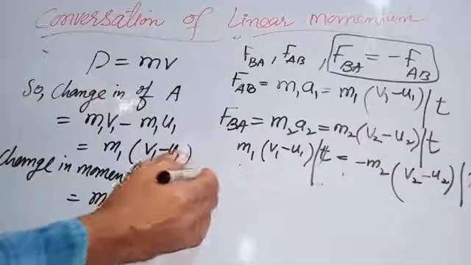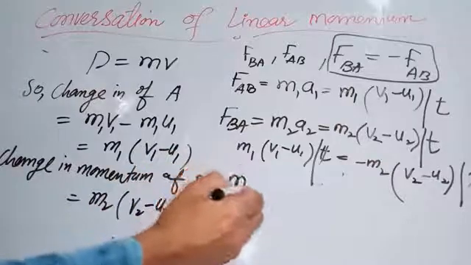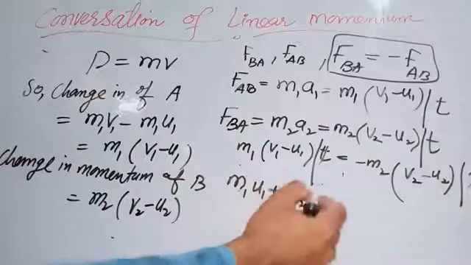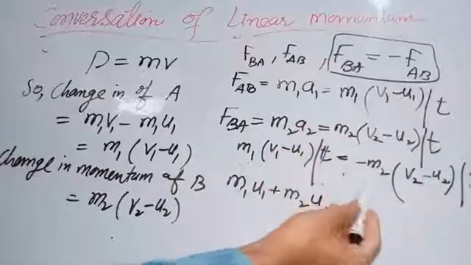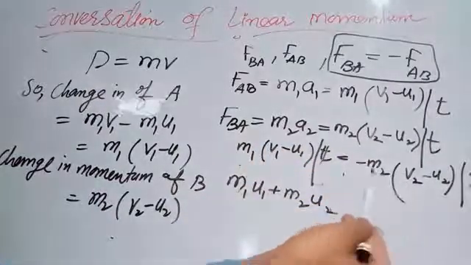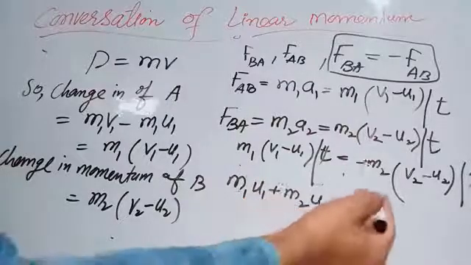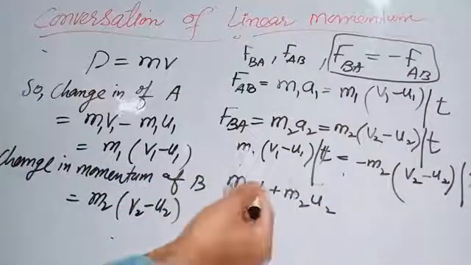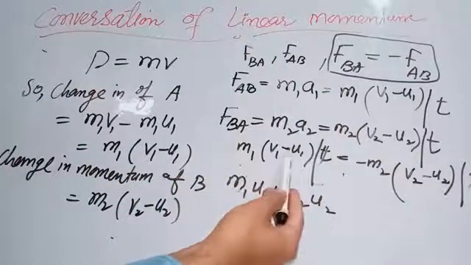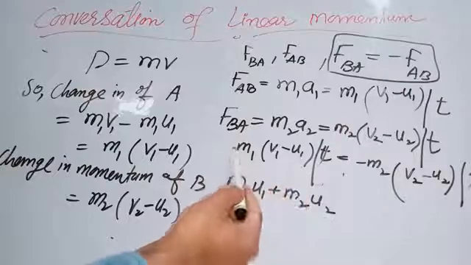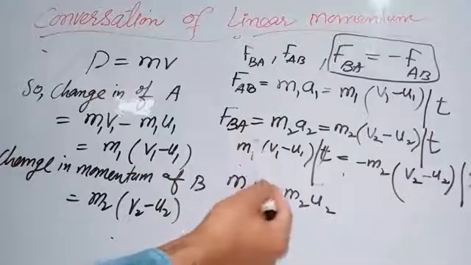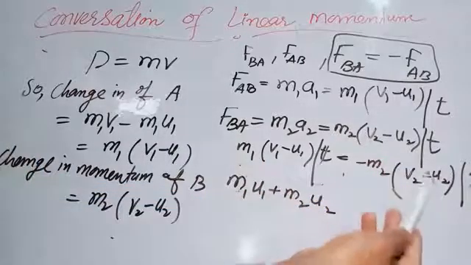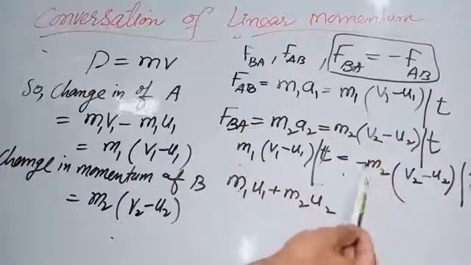So we will finally get, after rearranging, m1u1 plus m2u2. Here it is m2u2, and this is minus m1u1, which I have transferred to the left hand side.